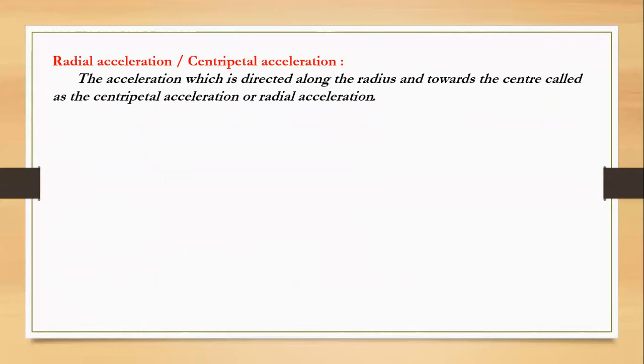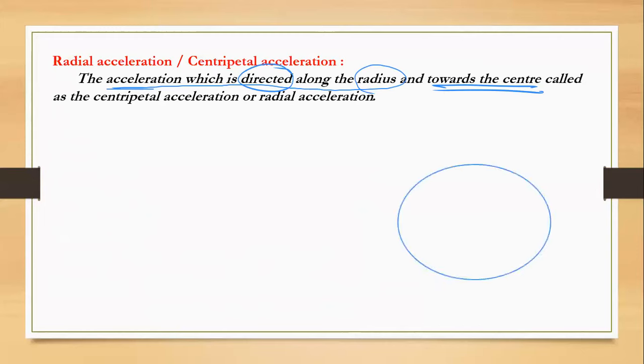The acceleration which is directed along the radius and towards the center is called centripetal acceleration. Pay attention. The acceleration which is directed along the radius and towards the center is the radial acceleration.